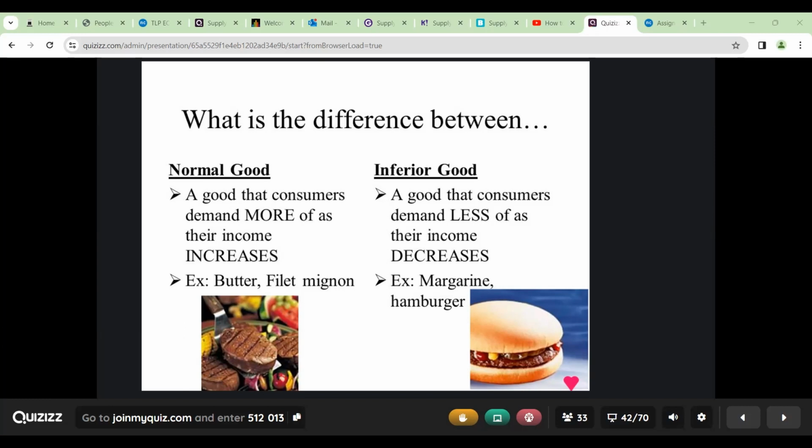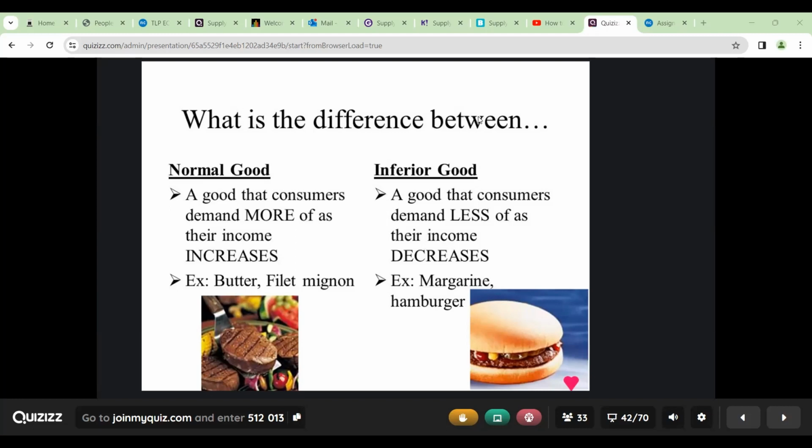And then inferior good, yeah, local food, that's a good one. Local food is usually at a premium compared to food that you get from any grocery store. That's a good example. So inferior goods are goods that you buy less of when your income goes up.